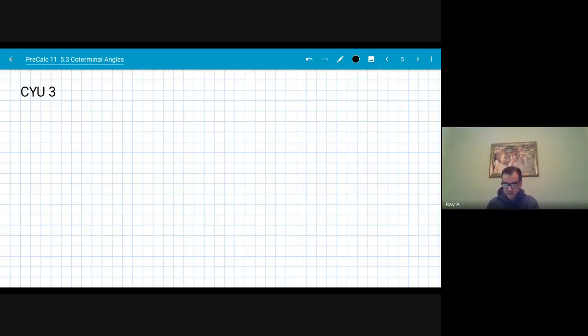To find the exact value of the trig ratio for 1035, what I would suggest is you get the principal angle and then find the trig ratios for that. Okay, so let's see, 1035.